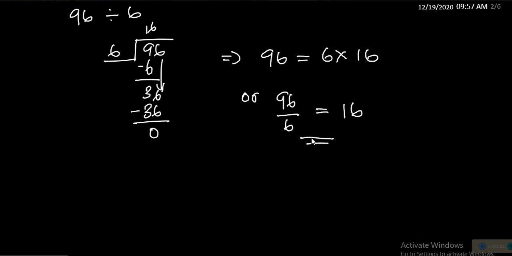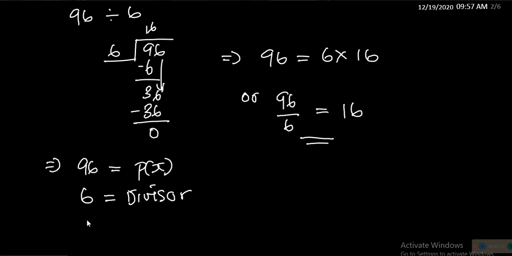We also divide polynomials in this way. It's just that we use the leading term of the divisor to divide a polynomial. Here, 96 is our number, let's say it's p of x, and 6 is the divisor, and 16 is the quotient.